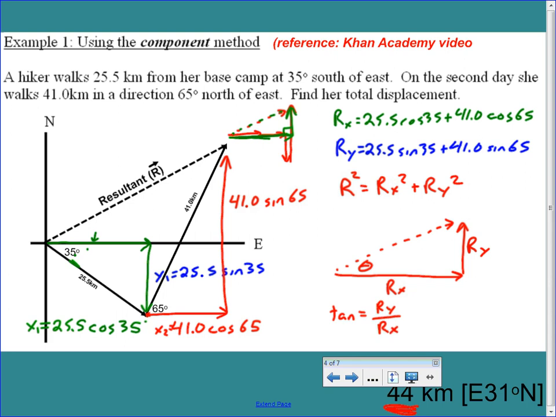So using this method, we can solve for the angle. And the angle should come out to about 31 degrees. And since we know that the resultant is going from east towards north, 31 degrees, we write it like this: east 31 degrees north. And that is the component method for solving this triangle.